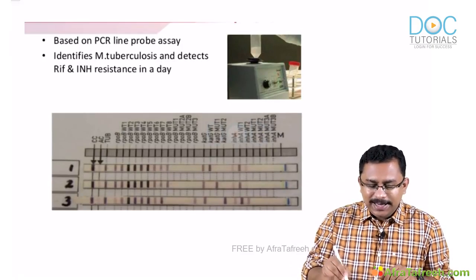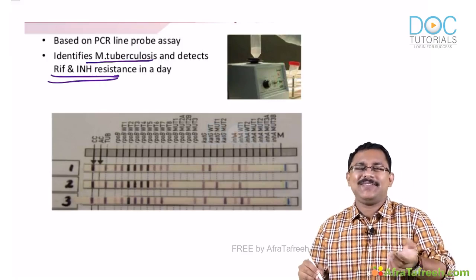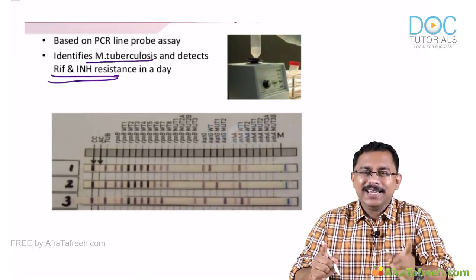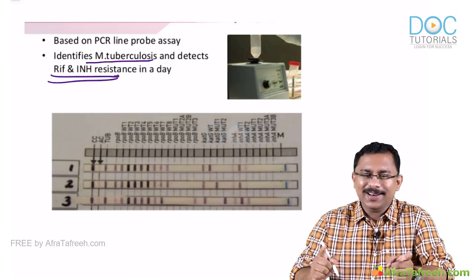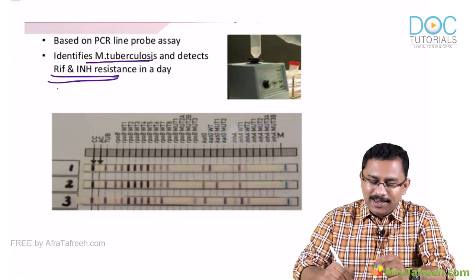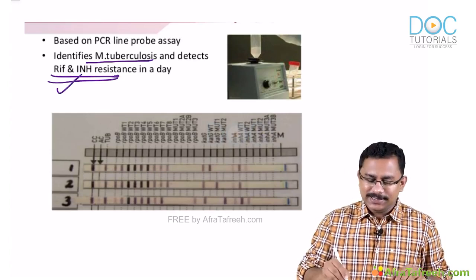In addition to detecting tuberculosis, it can detect both INH and rifampicin resistance. Remember, for Gene Expert, your CB-NAT, you were detecting only the rifampicin resistance. Here you can demonstrate your INH and rifampicin resistance.